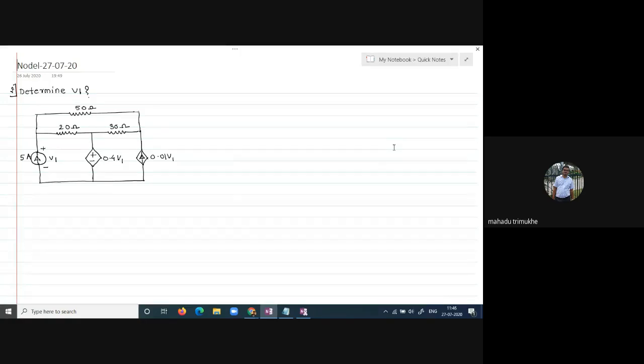One independent source, that is your 5 ampere, and two dependent sources. One is your voltage controlled voltage source, another is the current controlled voltage source, we call.